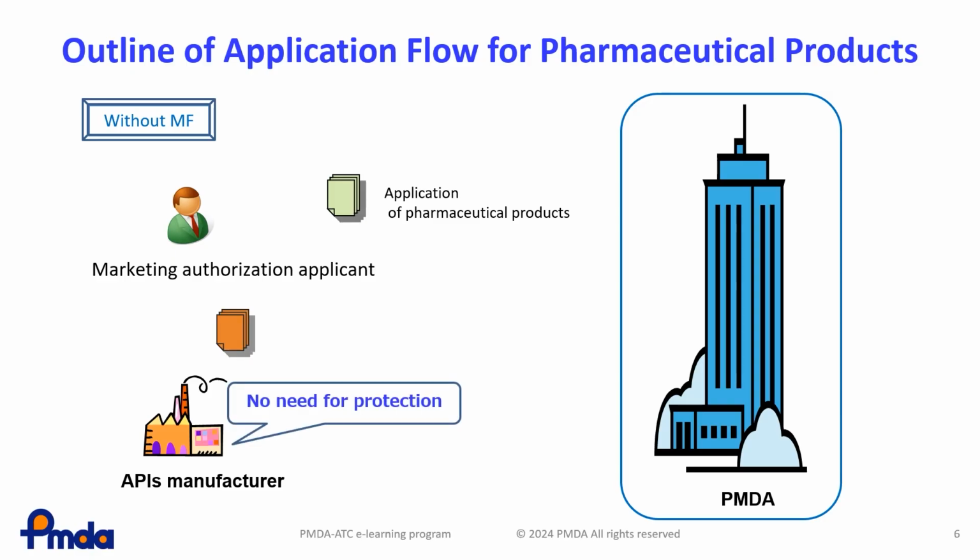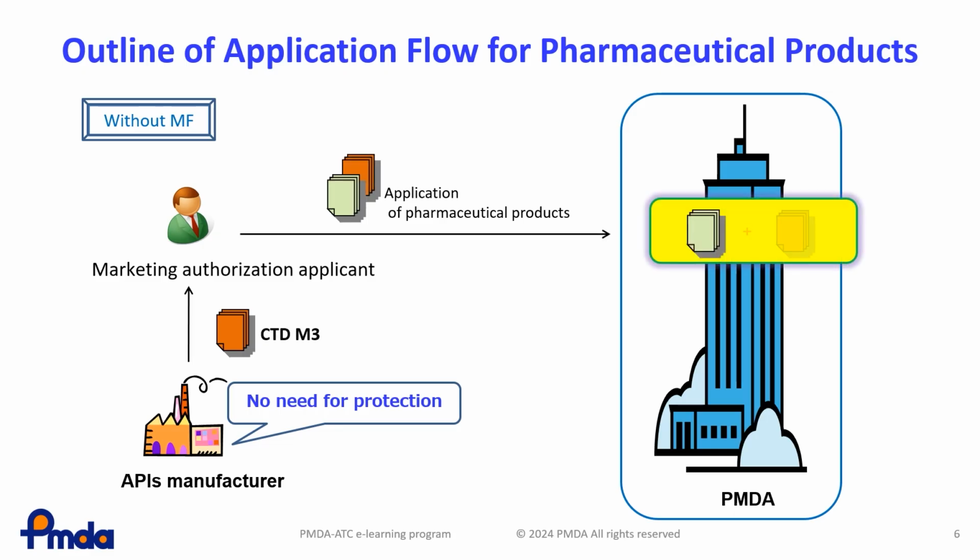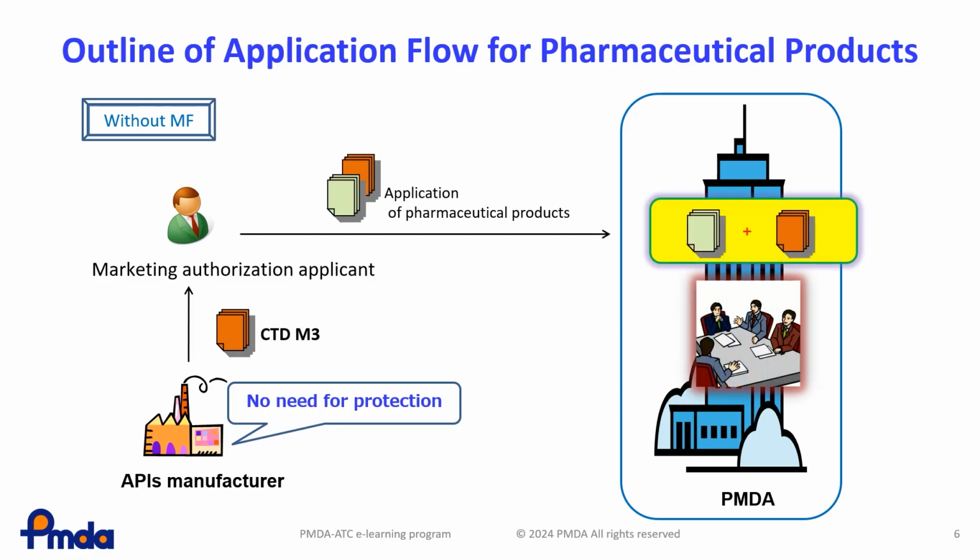When the API's manufacturer allows disclosing the manufacturing method, they will provide all information of the API to the marketing authorization applicant. The marketing authorization applicant will submit its information in the application dossier of the pharmaceutical product. In principle, the information is described in CTD Module 3.